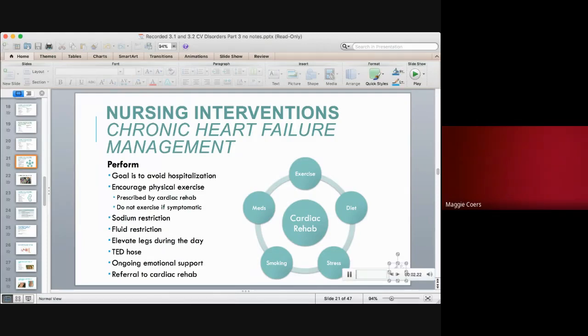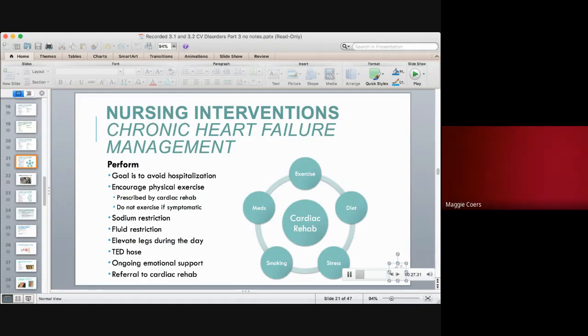So, with chronic heart failure management, it's really important that both the nurse and the patient be on the same page. Okay, so the ultimate goal is really to avoid hospitalization and increase quality of life as much as possible. We really need to encourage physical activity, and cardiac rehab is really a great way to do that.